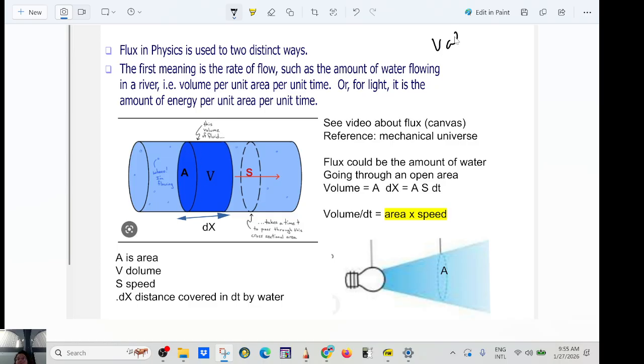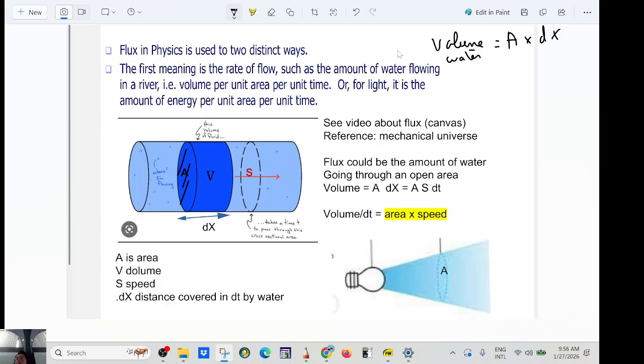So the volume of water flowing through this is going to be the area times the height. Agree? During a time t, you have that amount of water flowing through this area. If the fluid goes really fast, the volume will increase.